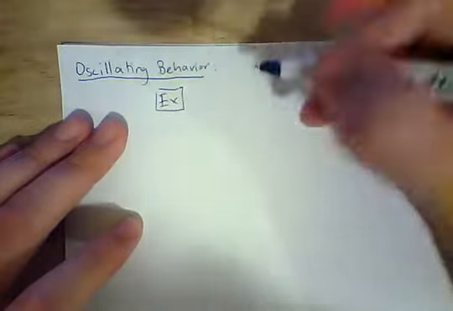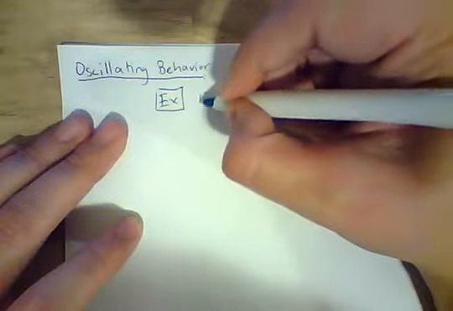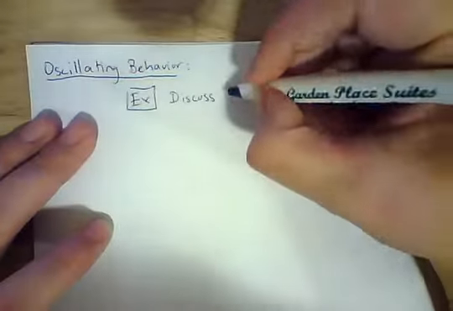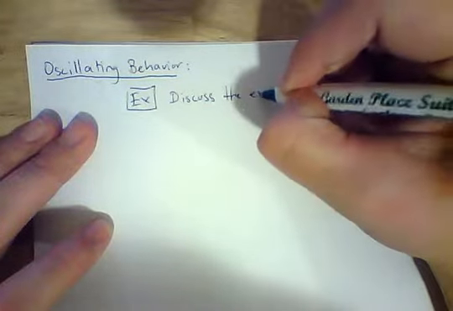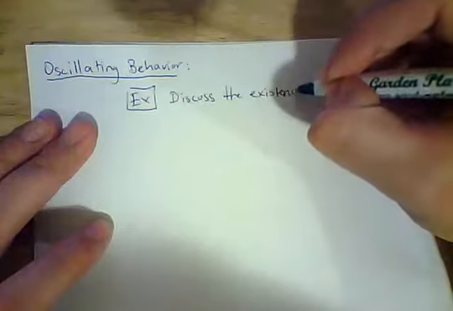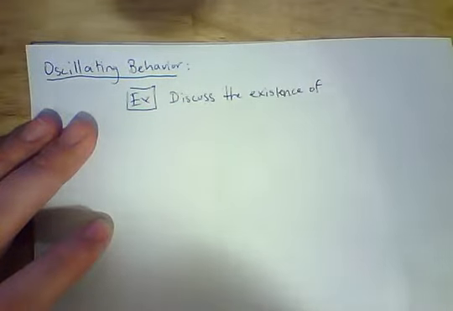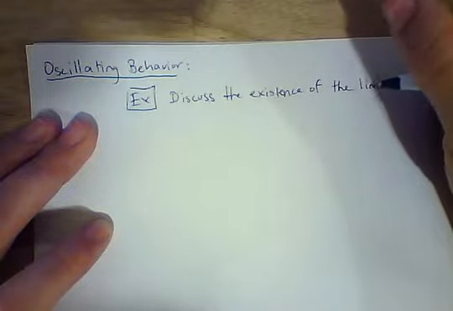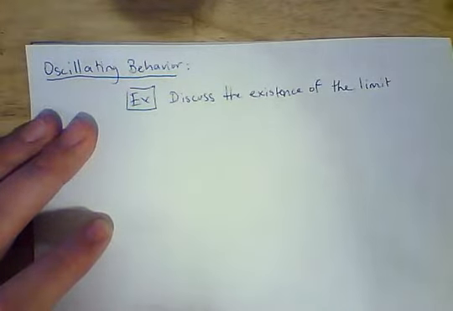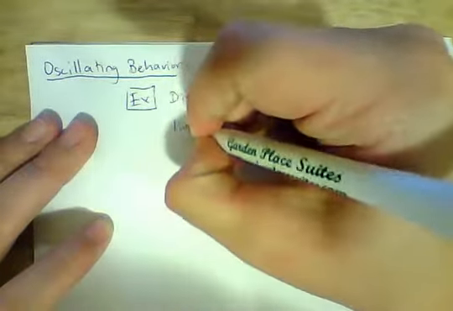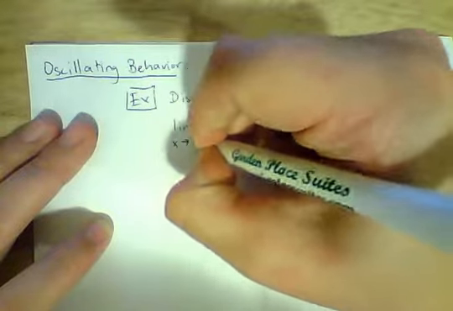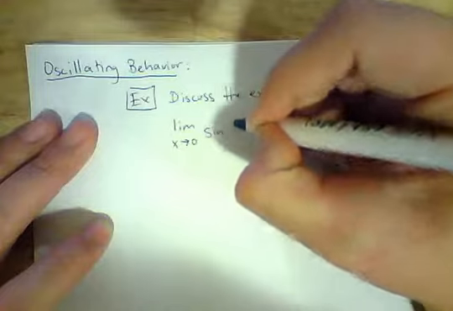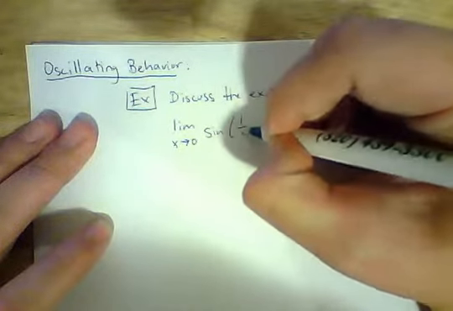So, our example is: discuss the existence of the limit as x approaches 0 for the function sine of 1 over x.